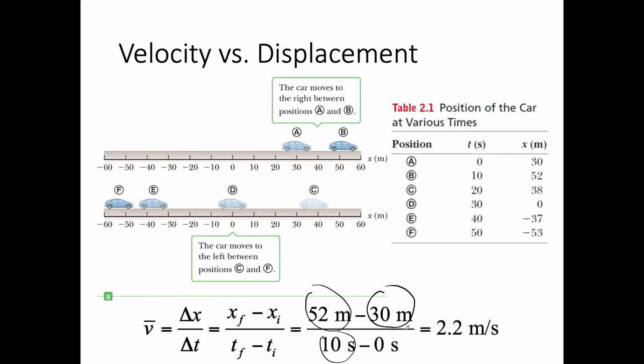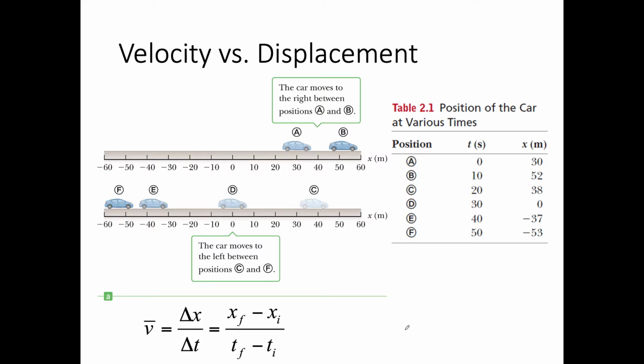Now we can pick any two points to find the average velocity. How about we do the same? Let's pick this initial position and this final position. Final position 55, subtract initial position 30.